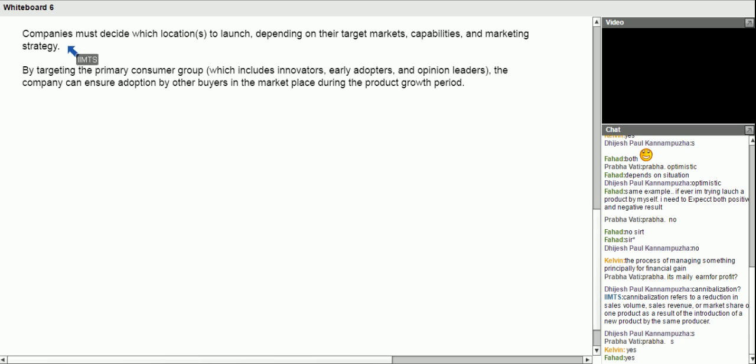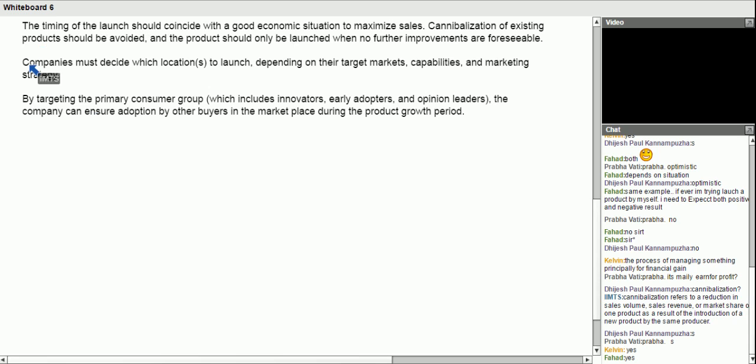Okay. Next step. Companies must decide which locations to launch depending on their target market, capabilities and marketing strategy. So location is also very important, where they will be selling their products. By targeting the primary consumer group, which includes the innovators, the early adopters and opinion leaders, the company can ensure adoption by other buyers in the marketplace during the product growth period.